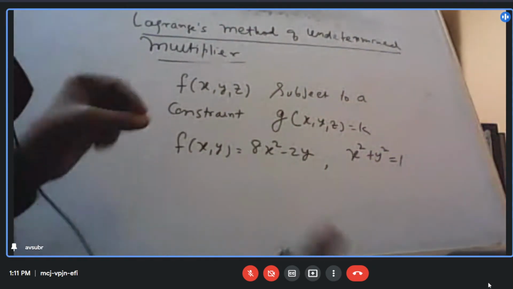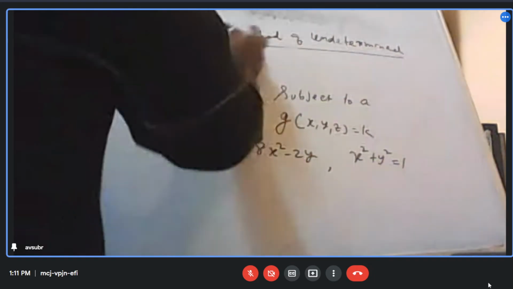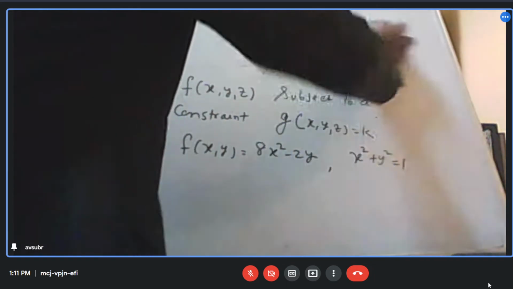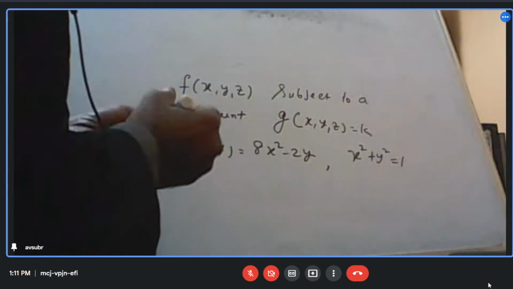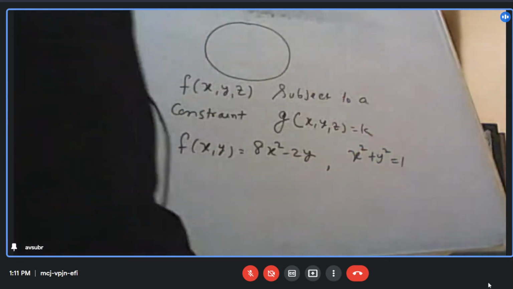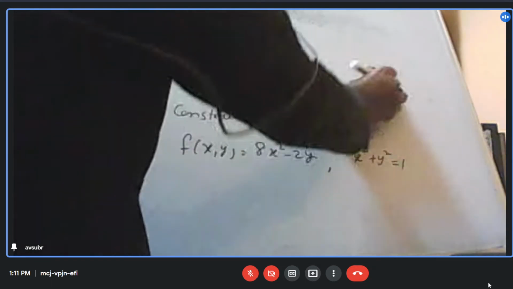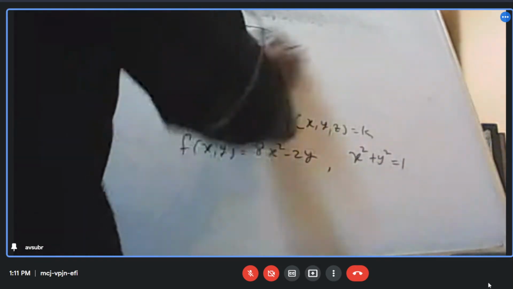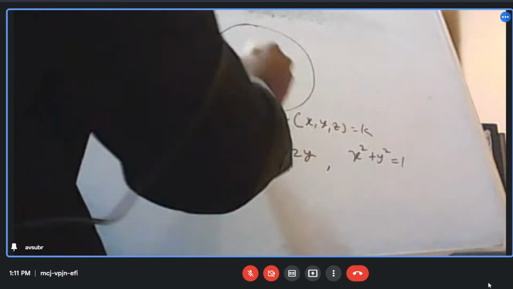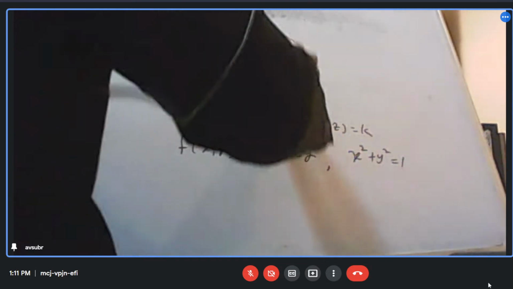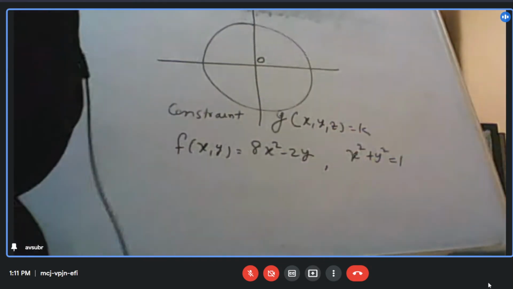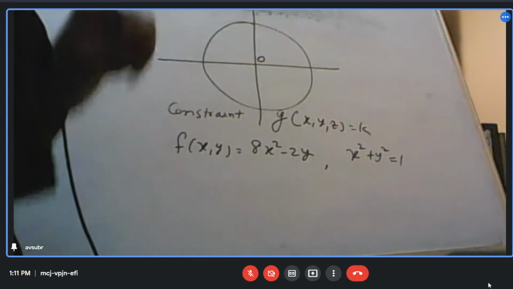Okay. So now if I plot it, you have a circle, which is the constraint. This is your origin, and what is the radius of this? 1.